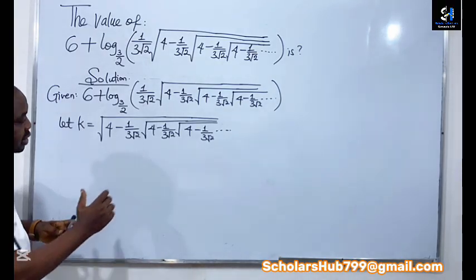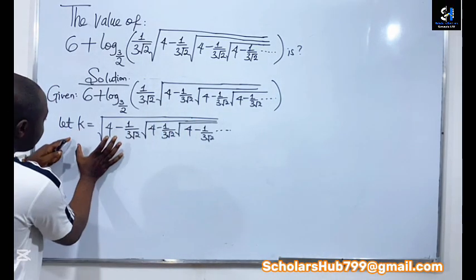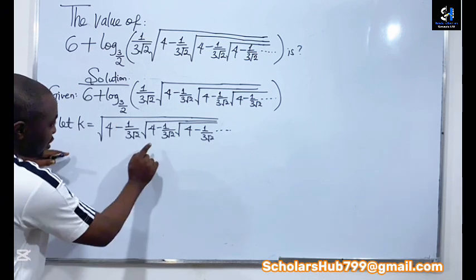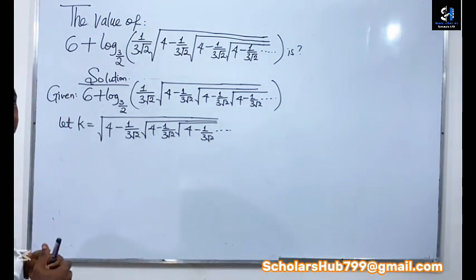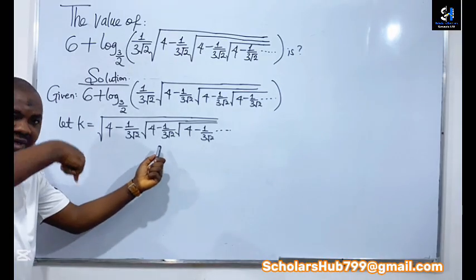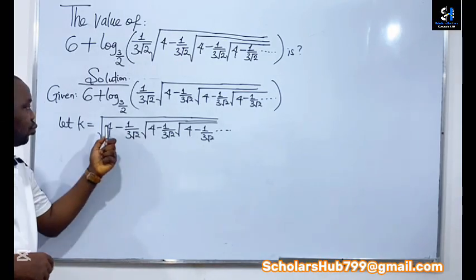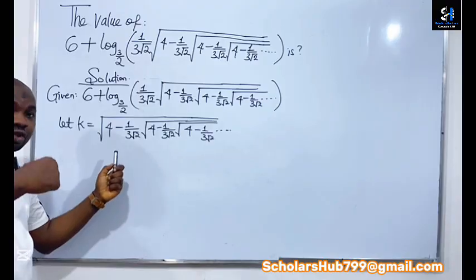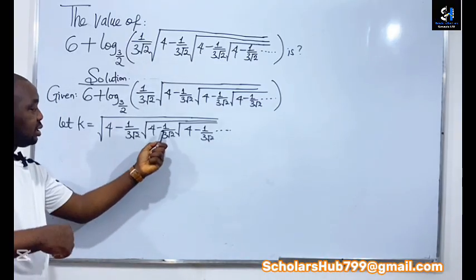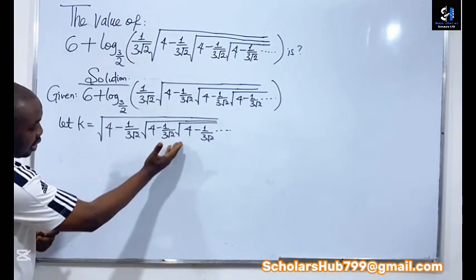Now we can also see that the same expression, we can see it embedded in this expression. We represented this expression with letter k, and the same expression is still embedded in the expression, like we can see it here.